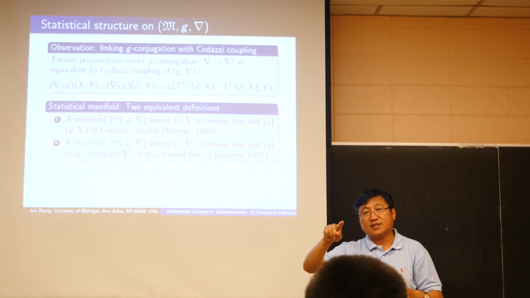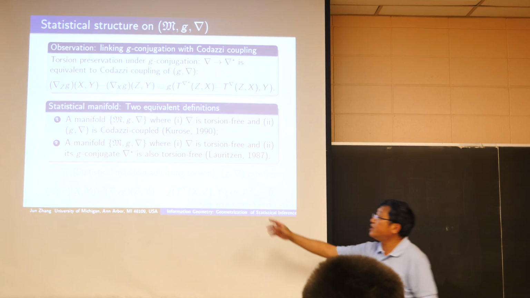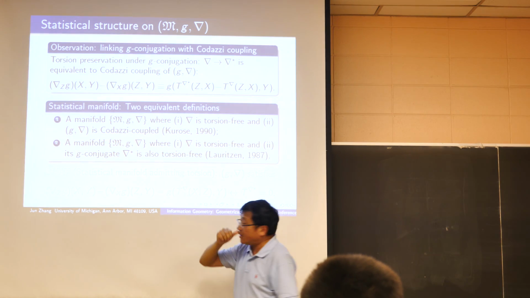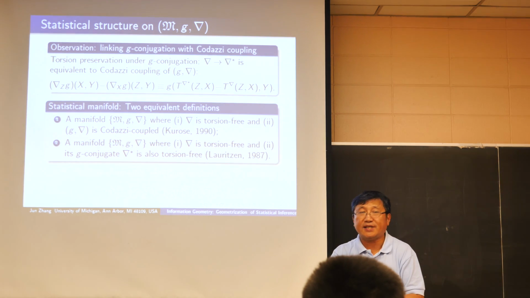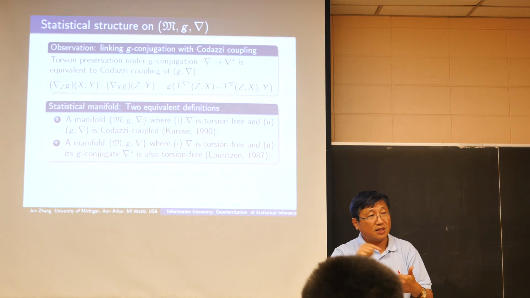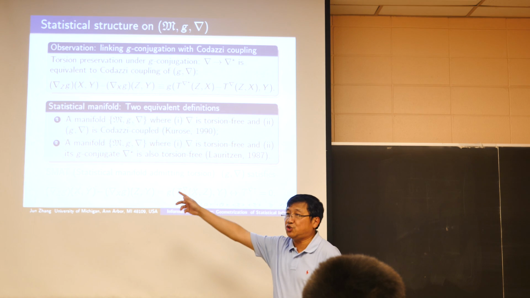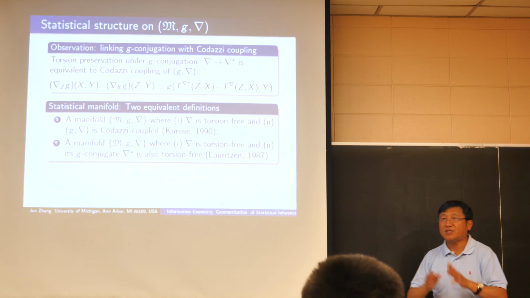And furthermore, this connection is torsion-free, no torsion. This is equivalent to another definition of statistical manifold, which says that we have a manifold with a G and a pair of torsion-free connections, the pair being nabla and nabla star. If they're both torsion-free and they are dual with respect to G, we call it a statistical manifold. So this is the object that we study.